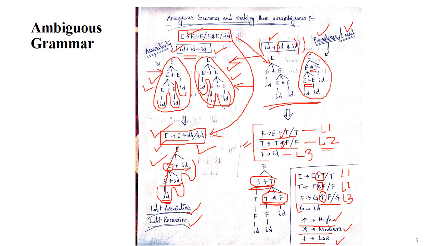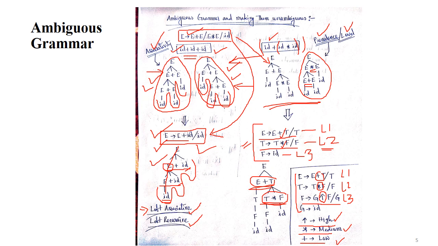There are two types of concepts related in this slide. One is associativity, another is precedence or level. So we always restrict our grammar in one direction. That is, if we have left associativity, then we will perform left associative operations or productions, and if we have precedence or levels, then we need to follow the precedence rule.